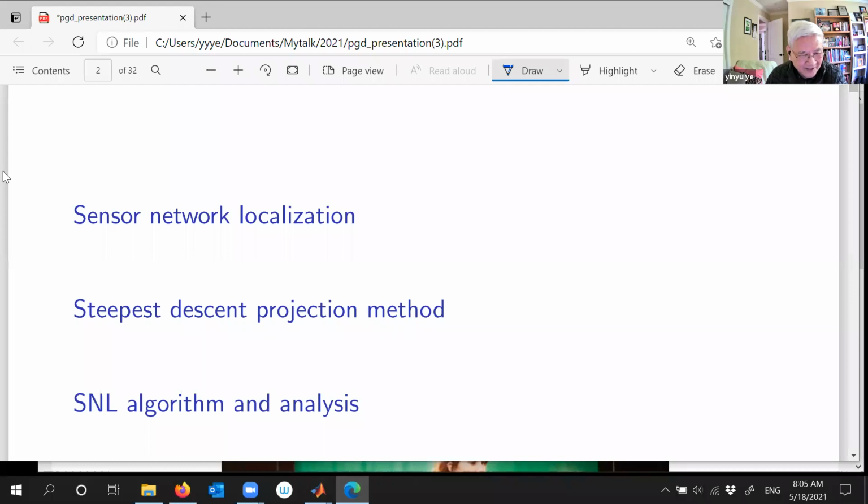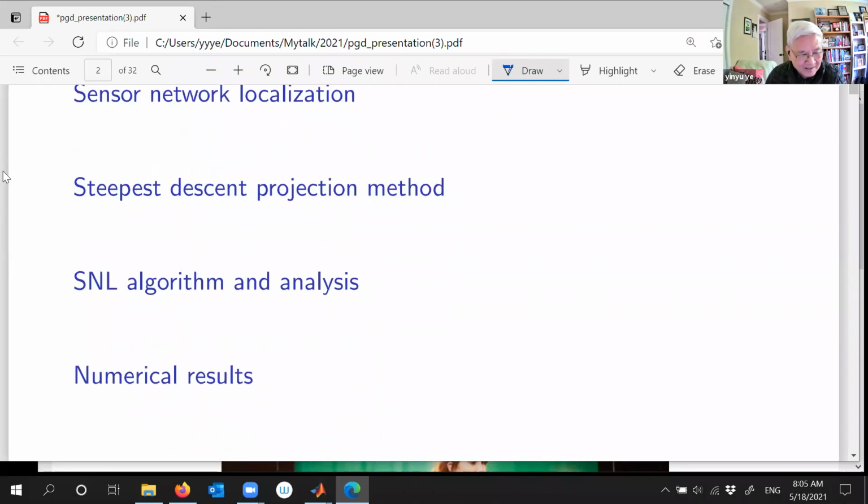Which is very, very fast, and especially suitable for sensor network tracking, because the sensor is moving, and every millisecond we need to find the locations. So it's not going to be static.